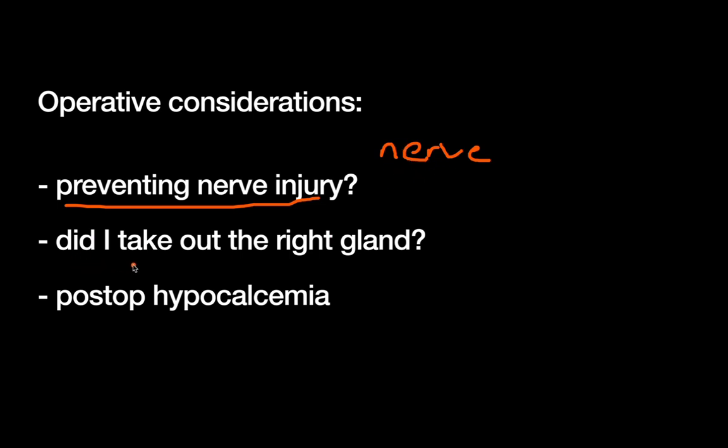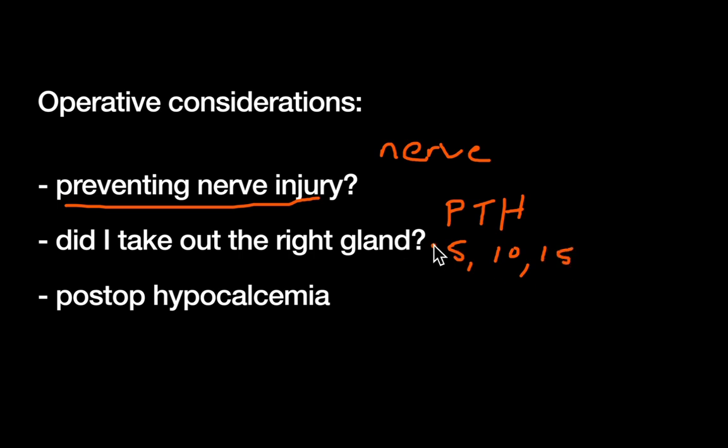The next question is, am I done? Or, how do I know I took out the right gland if there's one problematic gland? And what's really interesting is parathyroid hormone actually has a very short half-life, something like 2 to 3 minutes. So we measure PTH levels baseline at the start of the operation, and then again after we take out the gland at 5, 10, and 15-minute intervals.